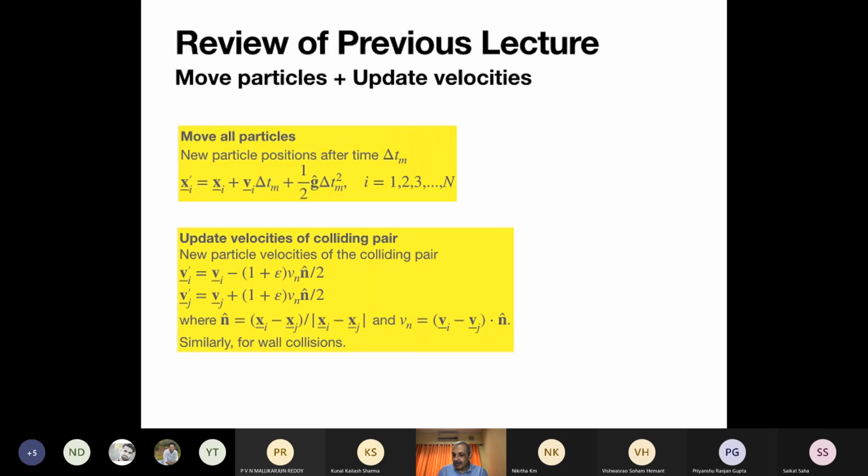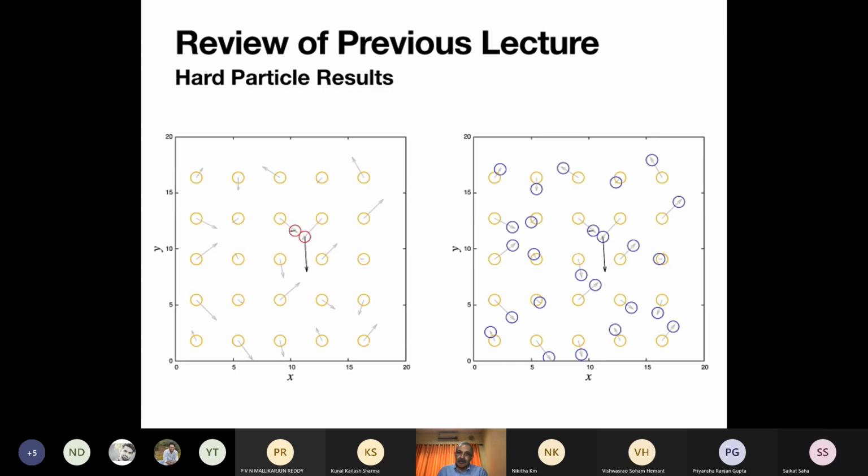So this is the basic algorithm, and I gave you a small demo. Those programs I'm going to put on Moodle, where the initial positions and velocities are shown in orange and gray. When you go through the whole thing, it turns out that these two particles are the ones that will collide.